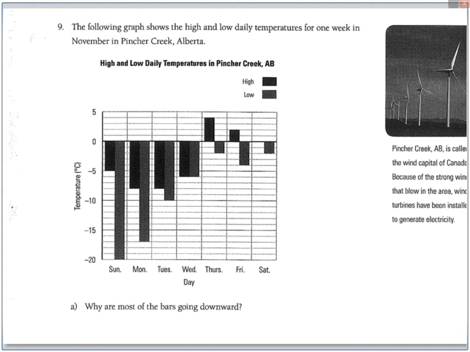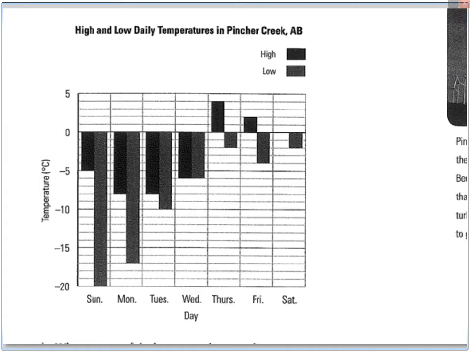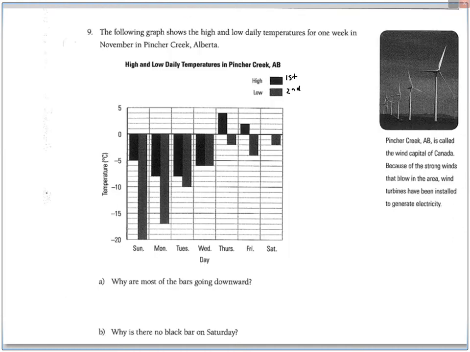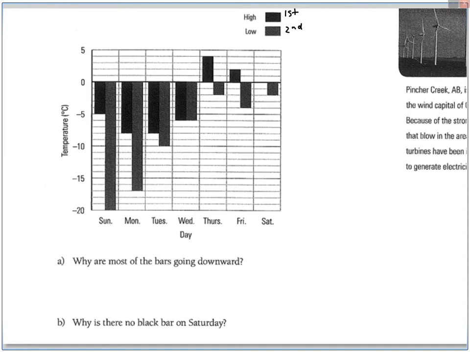And if the colors aren't showing up, usually this will come up first, this will come second in the legend. Okay. Why are the bars going downward? Because it's negative. Less than 0. Why is there no black bar on Saturday?